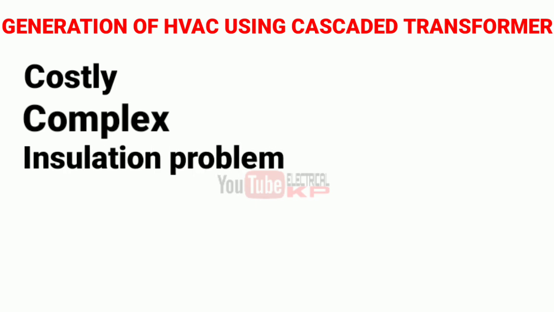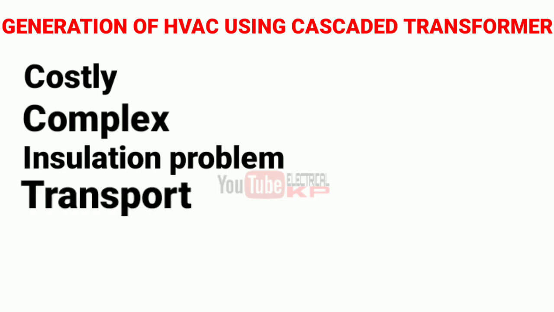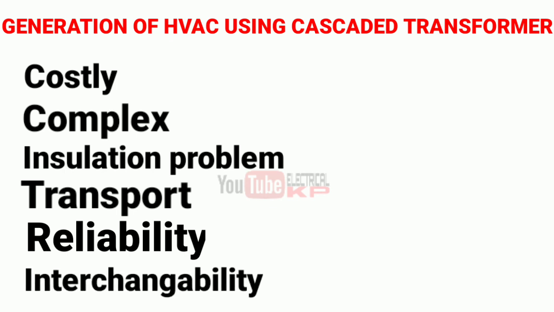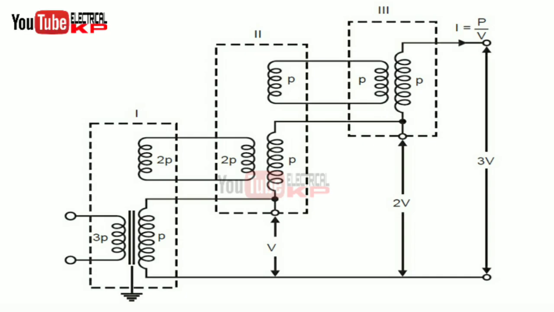Also that single unit becomes so bulky for transportation. Its reliability is also not guaranteed and its interchangeability is also not possible. That's why small units are cascaded, or connected in series, for the generation of HVAC. By using small units in series or cascaded condition, the weight as well as the cost is subdivided into the individual units connected. So now we are coming towards the construction and working of the cascaded transformer.